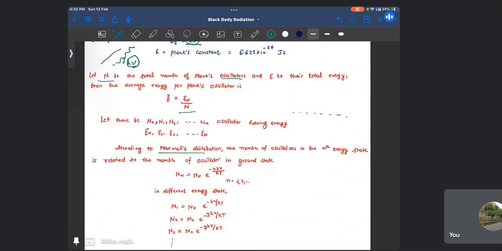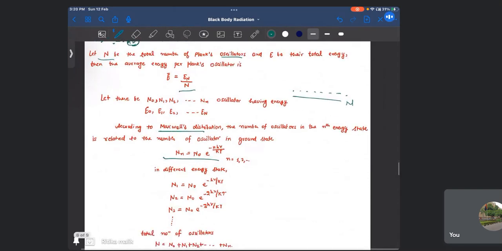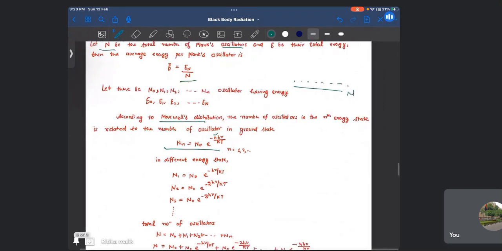Then according to the Maxwell distribution, the number of oscillators in the nth energy state is given by this expression. And as we change our energy, our n value will change, so at different energy levels we get different numbers of quanta.